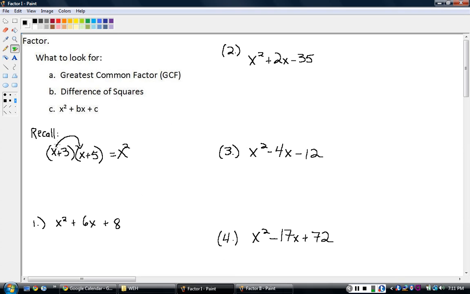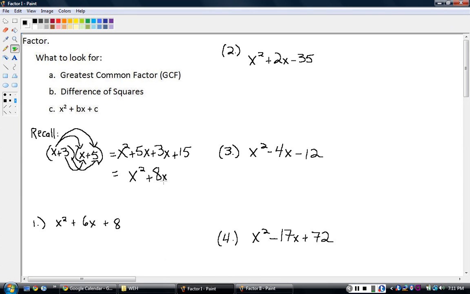And then x times 5, that's the O in FOIL, 5x. x times 3, 3 times x, 3x. And then the last term, 3 times 5, which of course is 15. Then we combine like terms to get our answer: x squared plus 8x plus 15.